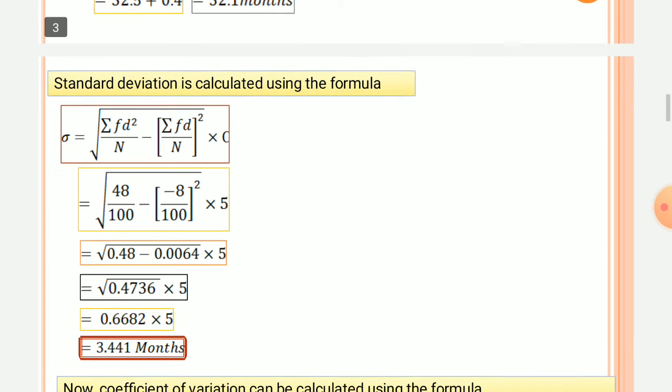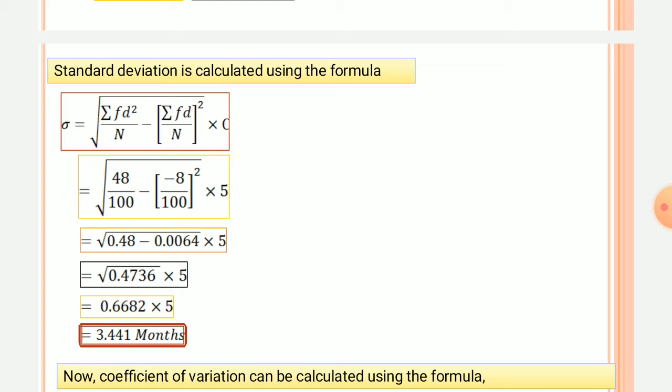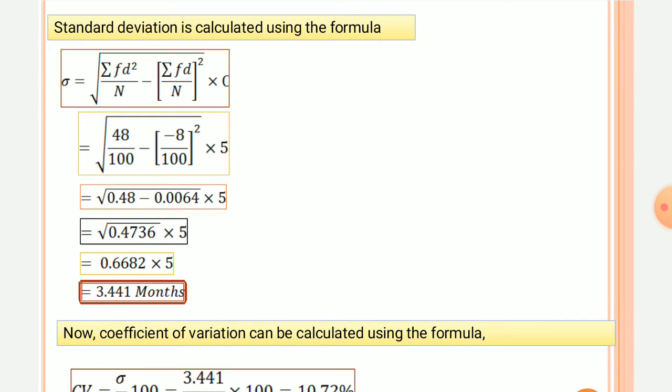Now standard deviation can be calculated using this formula: sigma is equal to root of sigma fd squared by n minus (sigma fd by n) whole squared, into C, because this is a continuous series. Root of 48 by 100 minus (minus 8 by 100) whole squared, into 5. Root of 0.48 minus 0.0064, into 5.